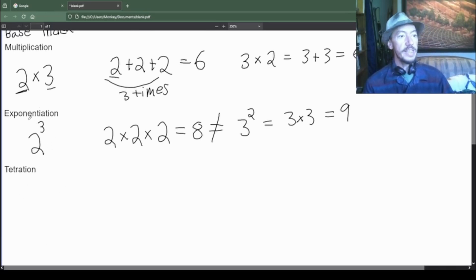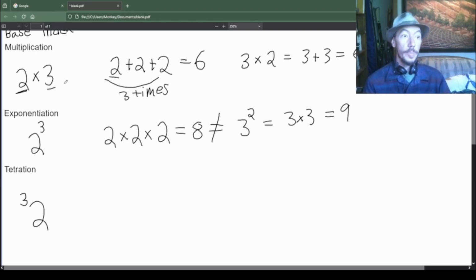Now, there's not really a good symbol or terminology for this, or at least not a common one, but I'm going to use something you might see around, and it's just moving the exponent to the left spot instead of the top right spot. So what does this mean? We have to think about it following this pattern.